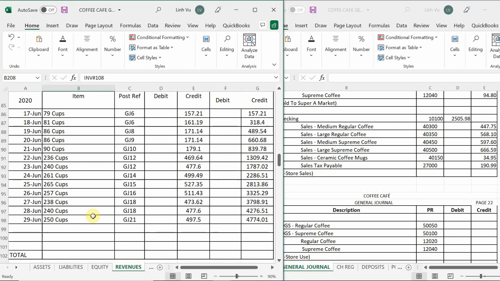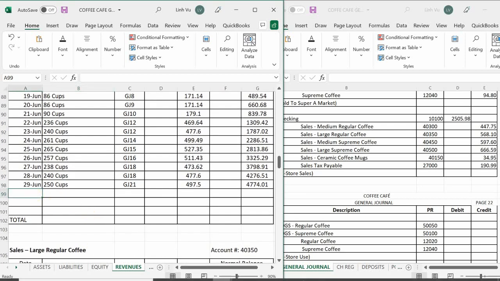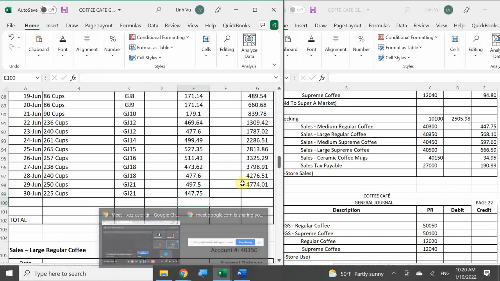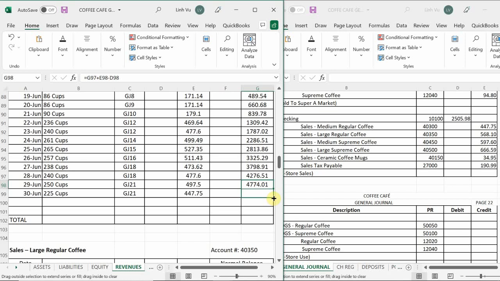And we're gonna go ahead and do our sales here. Sales for the, how many cups did we sell for the medium regular? 225. For the 447.75. Okay, grand total. 5,221.76.